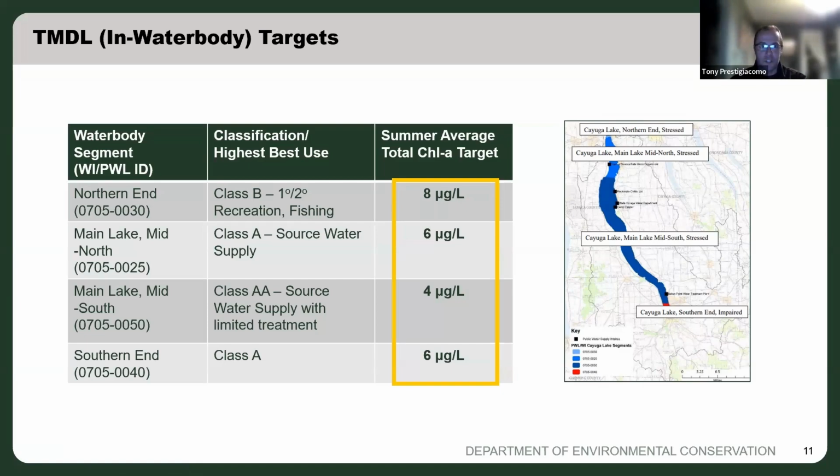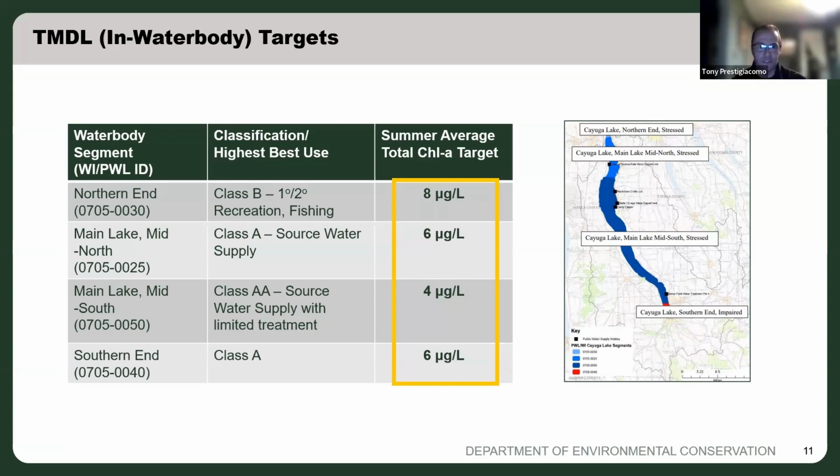They have different classifications, which define their best use. The northern end is a Class B segment, which means it is usable for primary and secondary recreation and fishing. The mid-north and southern end segments are Class A, which means they are listed as sources of water supply.